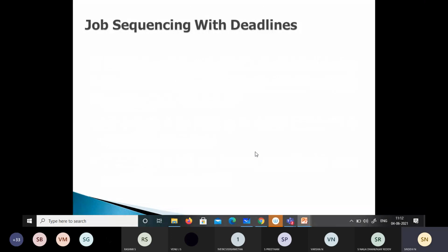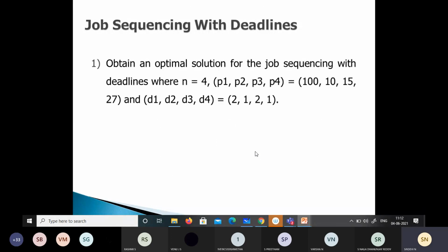So let's take up problems. Let's say that we have to find an optimal solution for job sequencing with deadlines, where we have 4 jobs. With each job we have a profit associated. So job 1 has 100, job 2 has 10, job 3 has 15, and job 4 has 27.